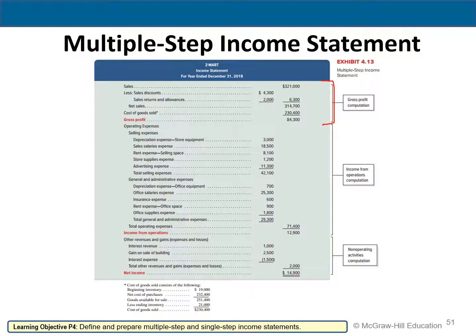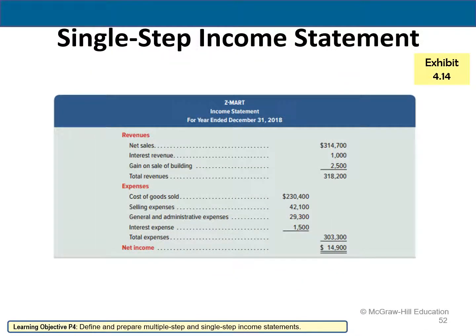That's your sales less your contra revenue accounts, discounts, and allowances, for a net sales number, less cost of goods sold equals gross profit. And then from there, you have all of your expense accounts. And then there's this other section called non-operating activities computation, and then ultimately you get to net income. Okay? Whereas the single step income statement would just report all your revenues less all your expenses equals net income. Okay?